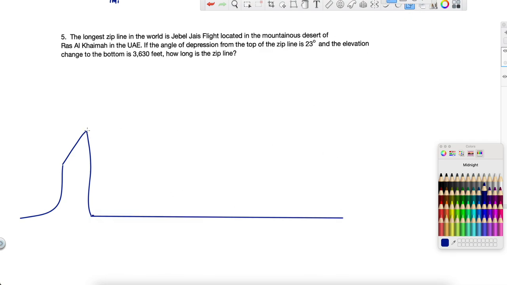Okay, so here, the top of the zip line is right here. Let's call this point A. Let's get it in red. Top of the zip line, point A. The zip line lands down here at point B, and it takes this route, right like that. And the angle of depression is 23.